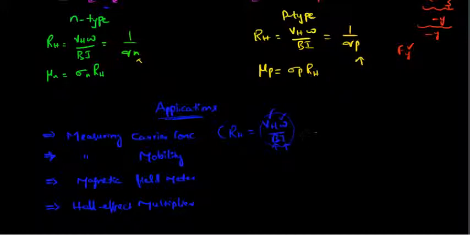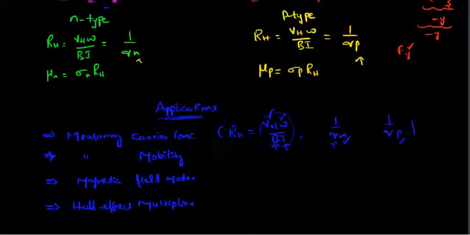So R_H we can obtain, which for n-type equals 1 over q times n. We know the charge of the electron, so n we can find out. In case of p-type, we have 1 over q times p, and we can find out p. So we can find out the carrier concentration.